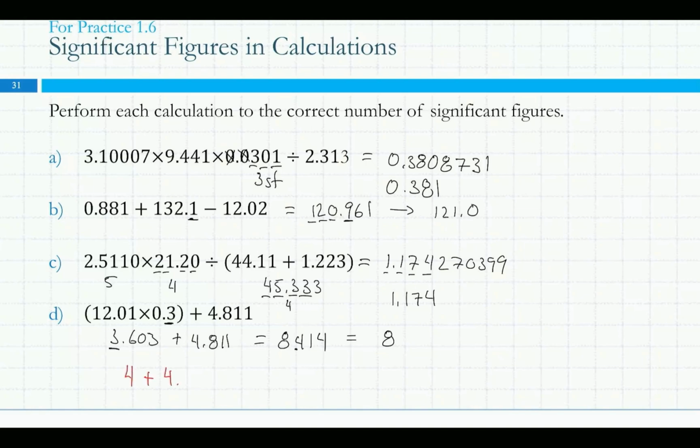Now it's 4 plus 4.811, and that would be 8.811. And if we round that, it'd be 9. So in this case, partly because we have this, which is terrible in terms of sig figs or precision, it makes our answer off by 1. Does that make sense? Don't round in between calculations.